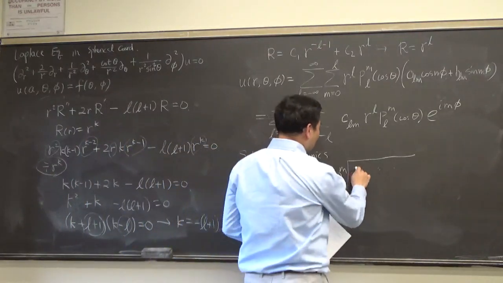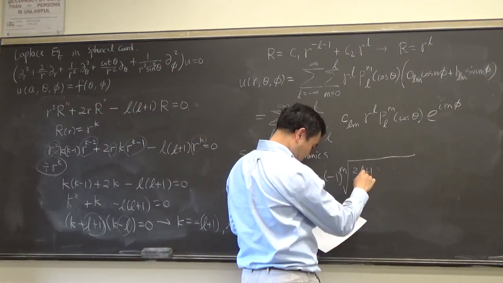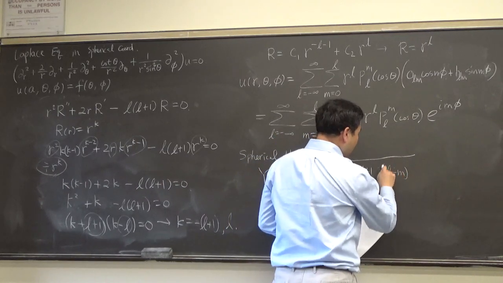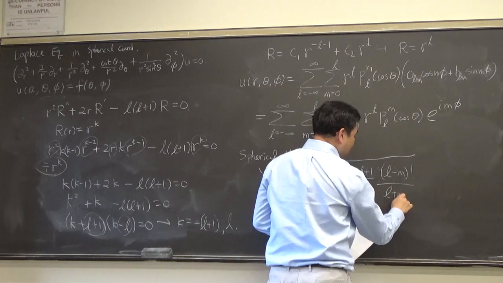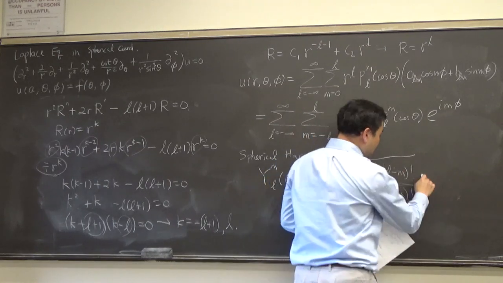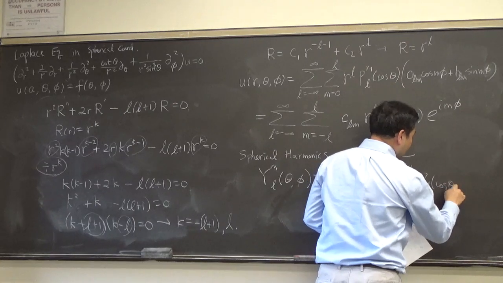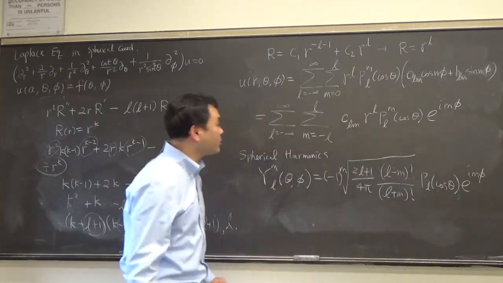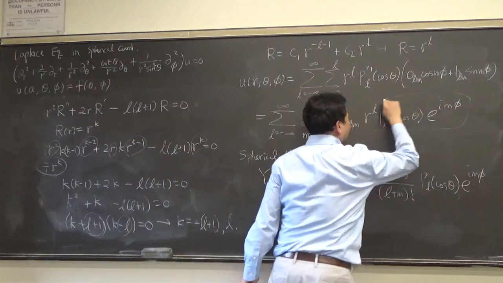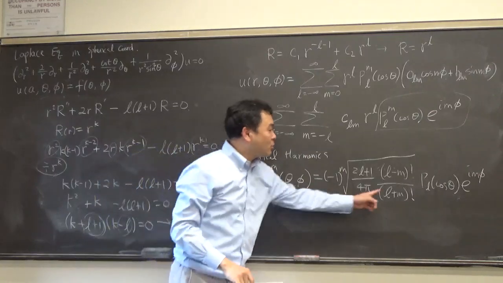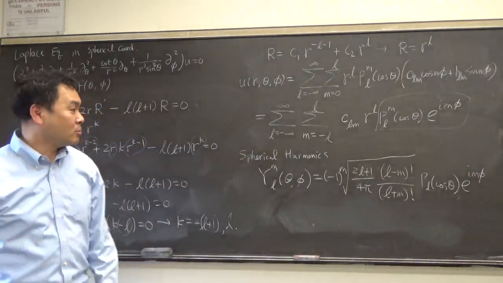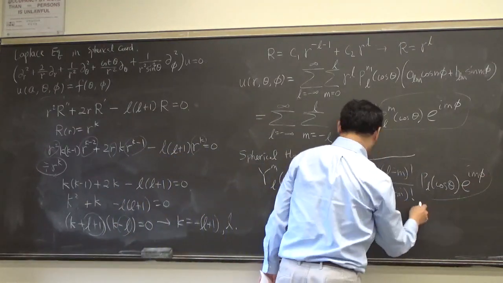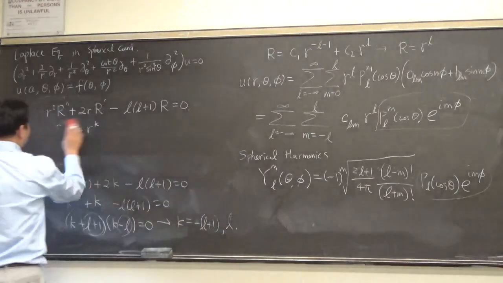You have the square root of (2L plus 1) over 4 pi, times (L minus n) factorial over (L plus n) factorial, and then P_L cosine theta, then e to the i n phi. So in other words, they take this part with some coefficient. Now this coefficient is really the square root of the size of this.